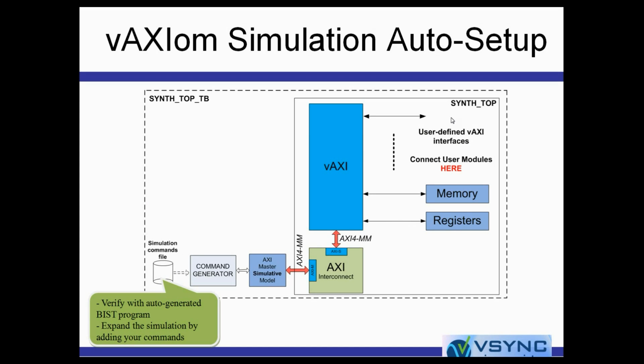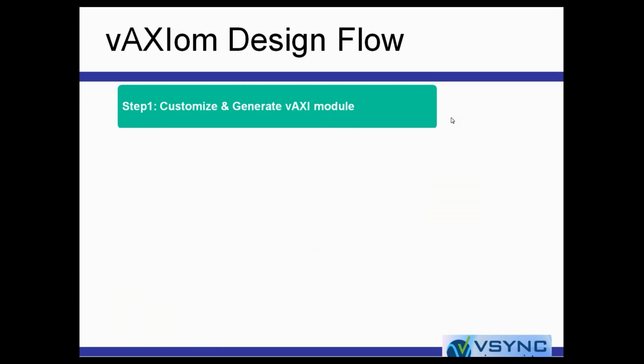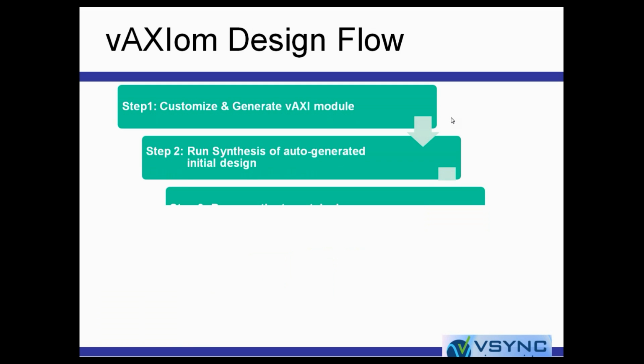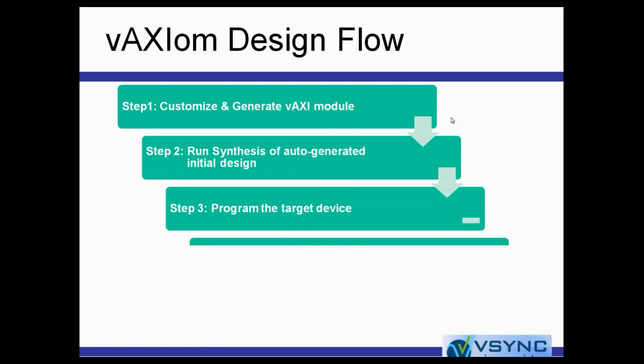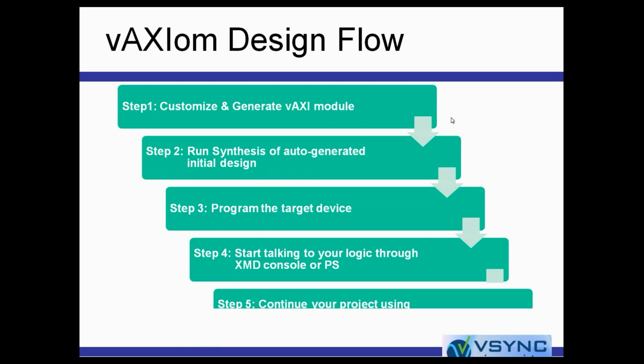So the design flow is as follows. At the first step, the user will customize and generate vAXIom modules along with the synthesis and simulation environment. Then we'll just run synthesis and generate the bitstream.